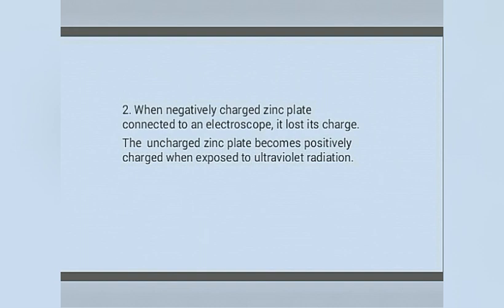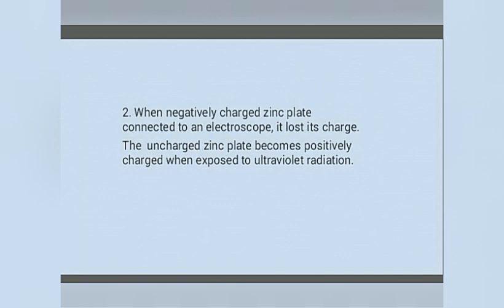So what happens here? Here also uncharged means it contains equal positive charge and equal negative charge. When such a metal plate is exposed to ultraviolet radiation, negative charge is lost in the form of free electrons.